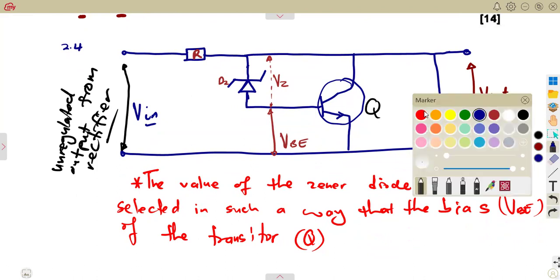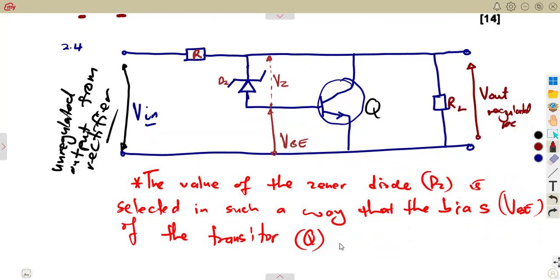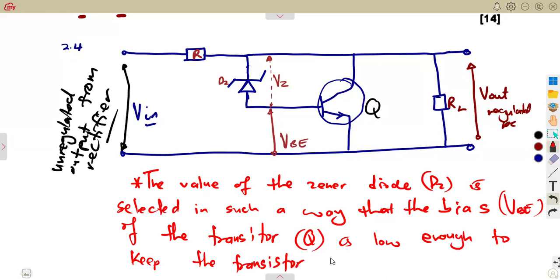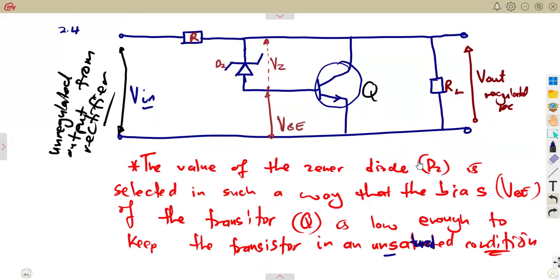So that bias is supposed to be low enough to keep the transistor in an unsaturated condition. So that is the first part of our selection. This is supposed to be an unsaturated condition.